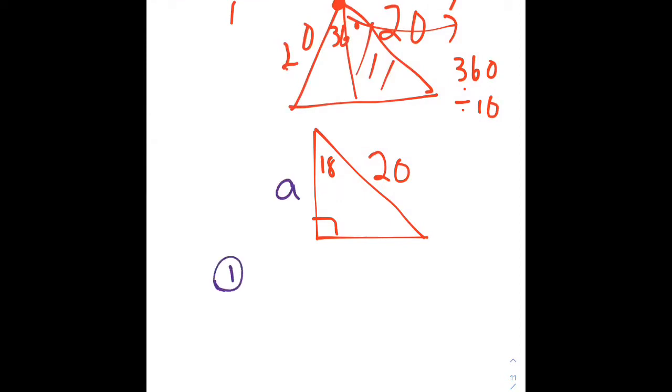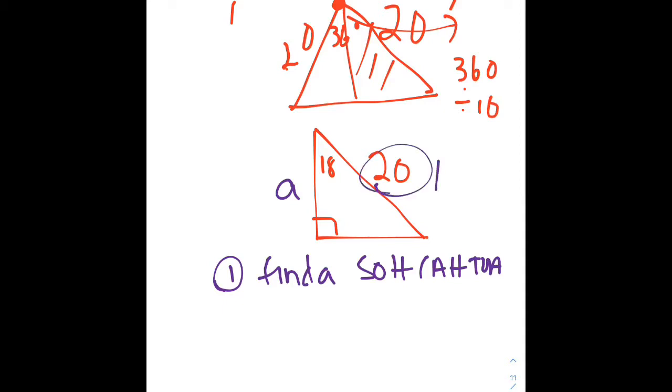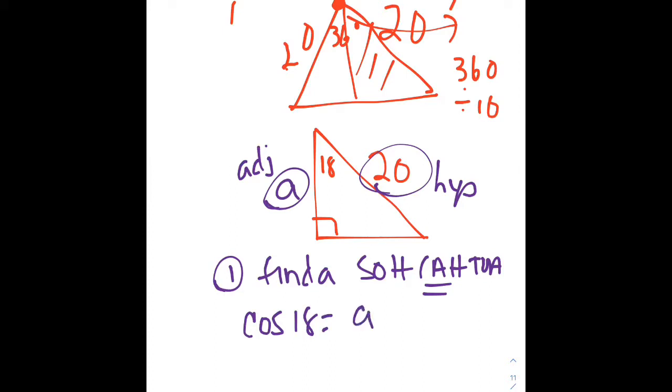So to find A, I'm going to use SOHCAHTOA. Well, 20 is the hypotenuse, A is the adjacent, so that would be cosine. So the cosine of 18 is equal to A over 20. So your apothem is 20 cosine 18.